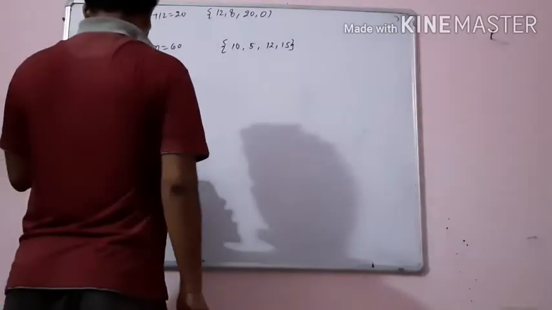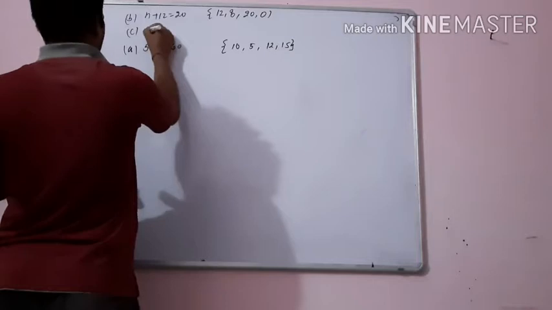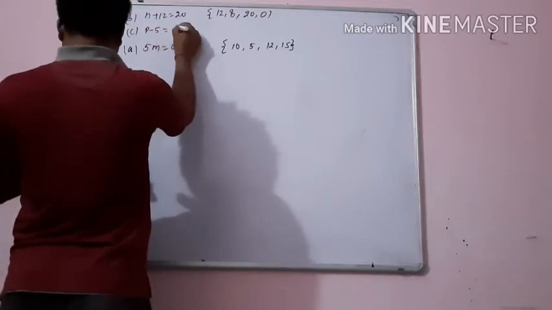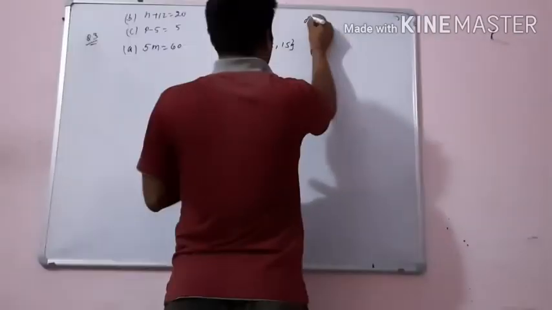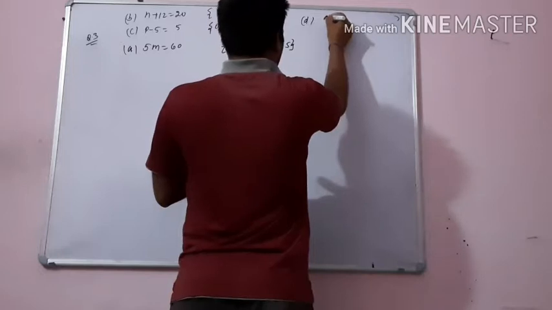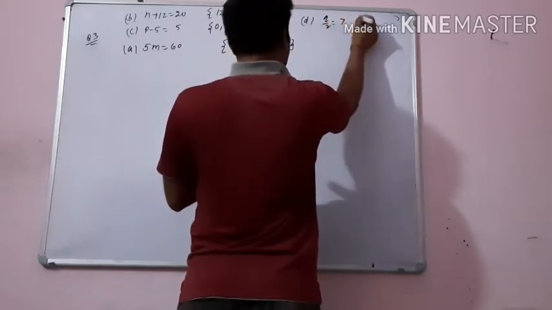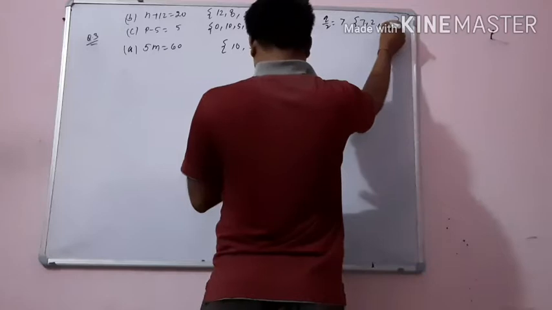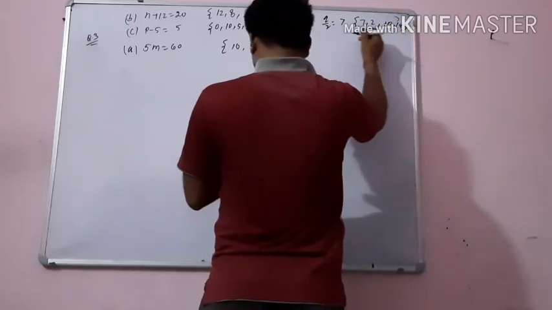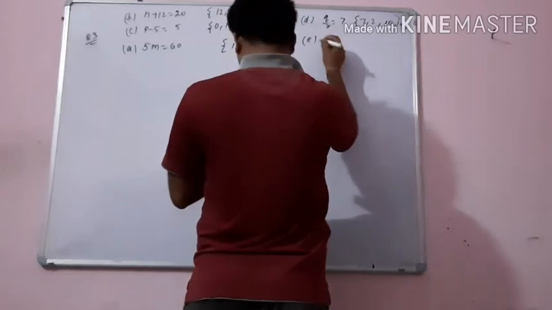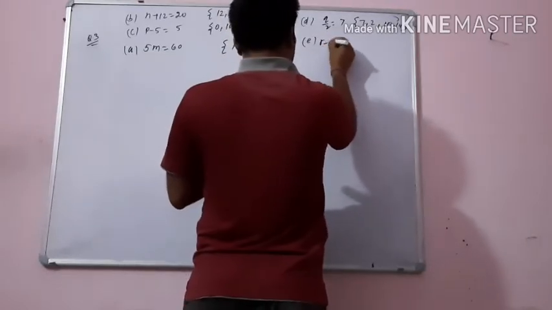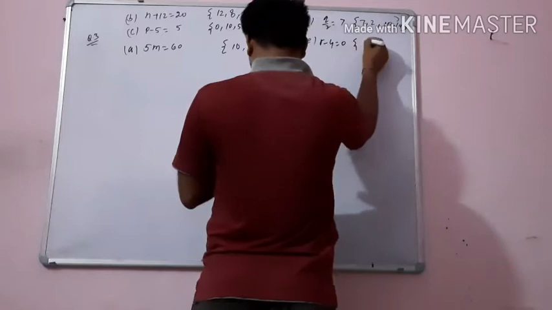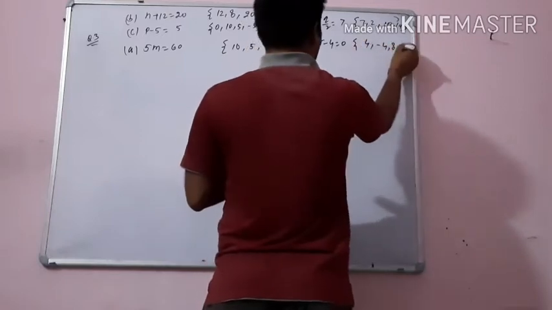C is p minus 5 equals 5, values 0, 10, 5, minus 5. D is q upon 2 equals 7, values 7, 2, 10, 14. E I am leaving. R minus 4 equals 0, values 4, minus 4, 8, 0.